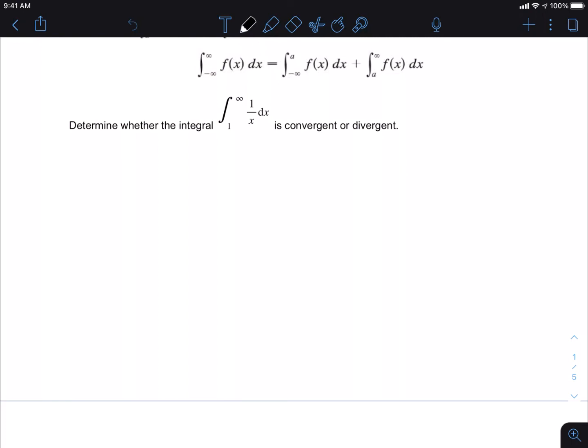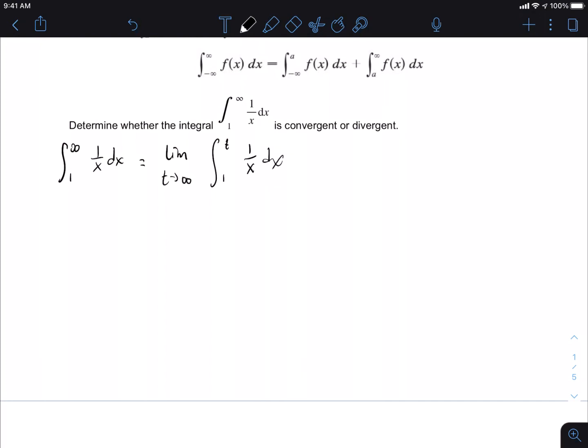Since it goes to infinity, we don't have straightforward techniques for that, so we need to manipulate it using limits. So the integral from 1 to infinity of 1 over x dx is equivalent to the limit as t goes to infinity of the integral from 1 to t of 1 over x dx.